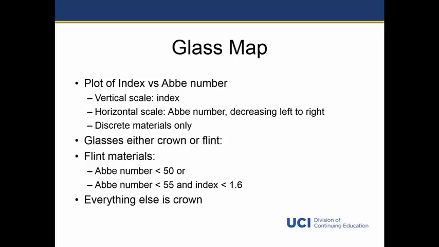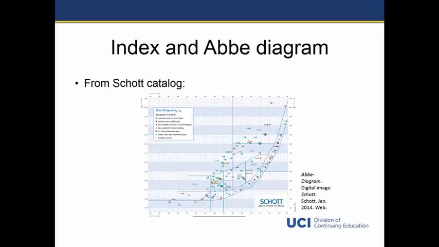The flint materials are those whose Abbe number is less than 50, so to the right-hand side of the plot, or have an Abbe number of 55 and a relatively low index, so an index less than 1.6. Everything else is a crown. So here is an index of 1.6. So all of these materials with an Abbe number less than 55 and an index less than 1.6 are flints, as is everything whose Abbe number is less than 50.